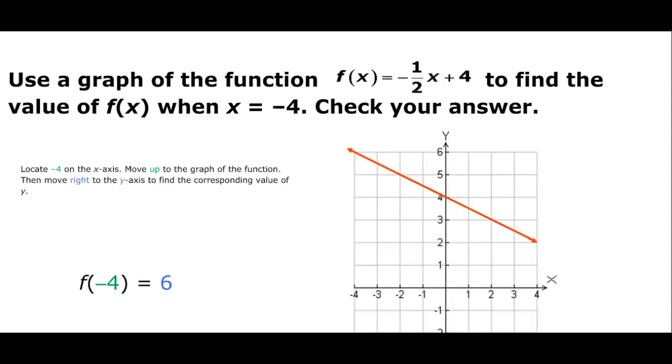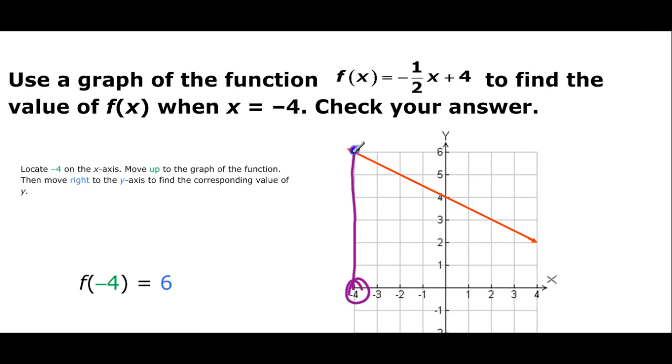All right. Here's showing us how we can use a graph. Here is the graph of the function negative 1/2 x plus 4. Now we want to use this to find the value of the function when x is negative 4. Well, where is x negative 4? Right here. Okay? So what we want to do is find where this is on the graph.